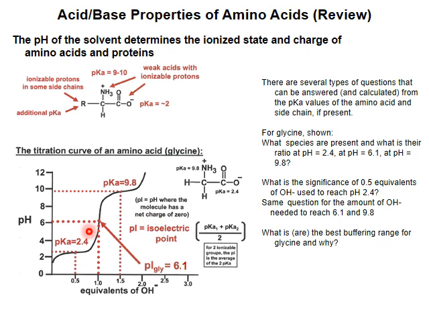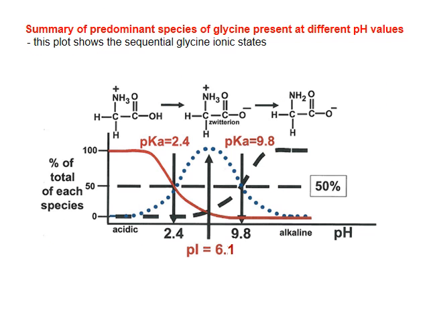So we can do this for every amino acid, but some amino acids have ionizable side chains, and so that will cause a difference. If you wanted to look at the species overall in terms of the pH change, we start off with the acidic form, and we titrate that away.